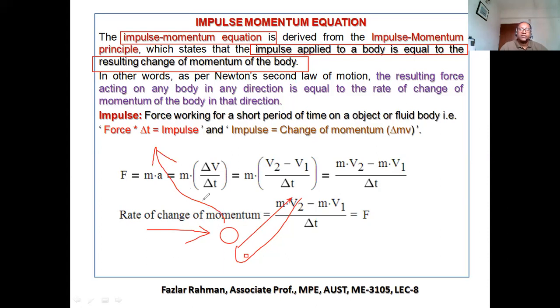That means due to the impact, there is a very high change of momentum because they change the direction. And how much time is the hitting? If I say force F into delta T, this delta T is very small.